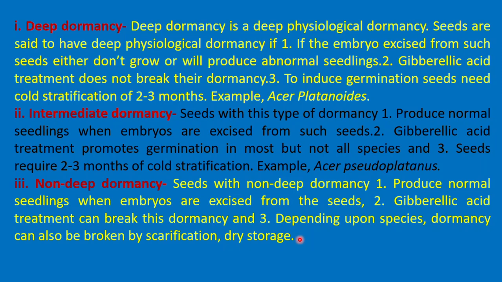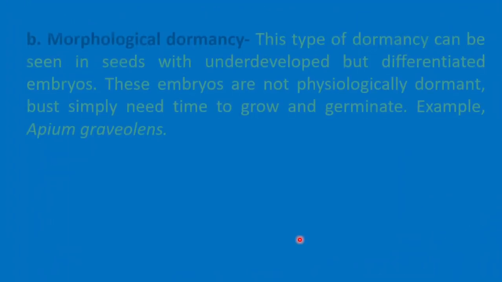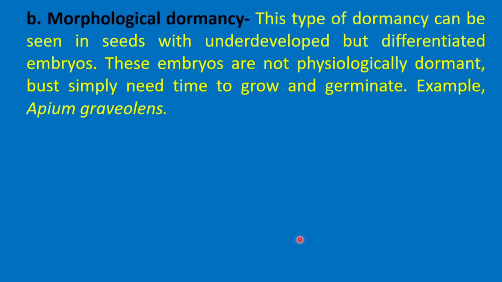So remember it. Now we will proceed to the second type of endogenous dormancy, morphological dormancy. This type of dormancy can be seen in some seeds with underdeveloped but differentiated embryos. So morphological dormancy is associated with the morphology of the embryo, and this is due to underdeveloped embryos but differentiated embryos.